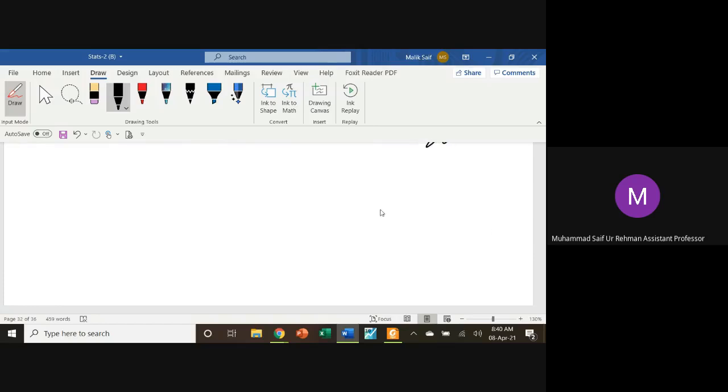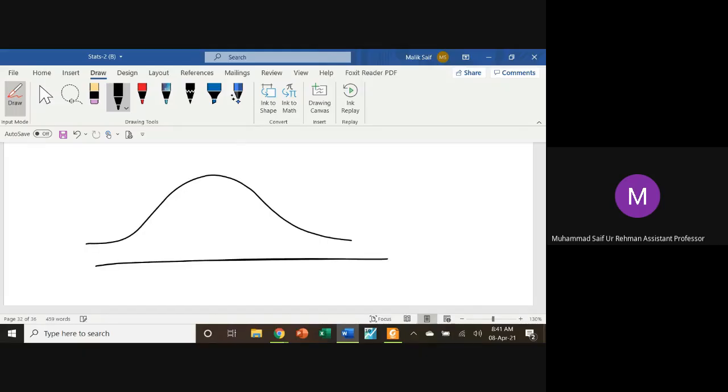But now, as there are two populations in our consideration, we may again take help of central limit theorem. We may say that now this scale may be x bar minus x bar. So you may write it down as x1, x2.